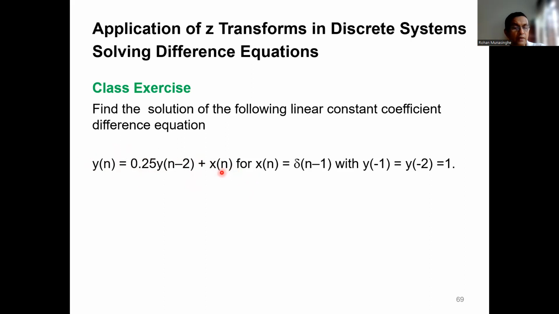And here you are given x[n], the input to the plant, as delta[n-1]. Also, you are given y[-1] and y[-2], both ones. And the moment you see these, y at time minus 1 and y at time minus 2, you can safely treat these samples as initial conditions.